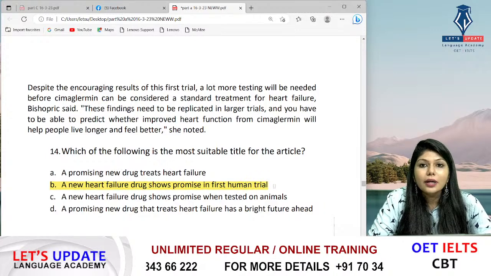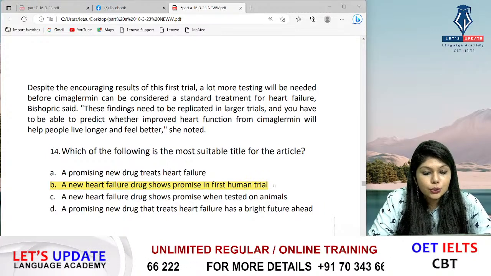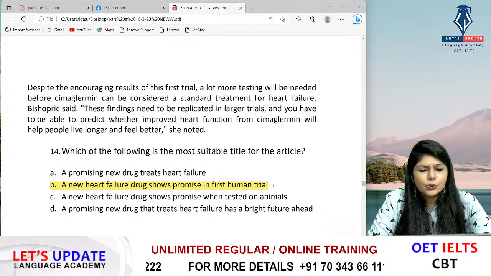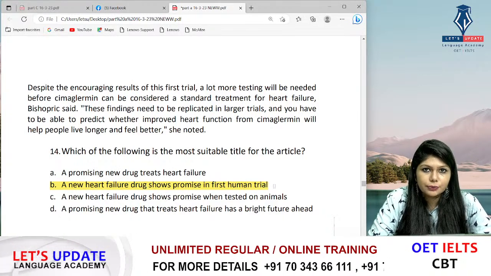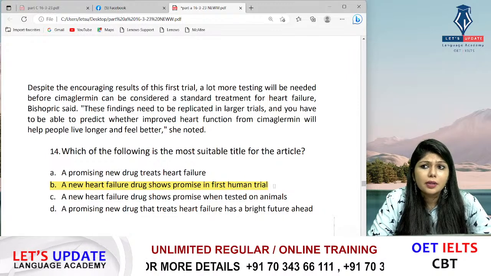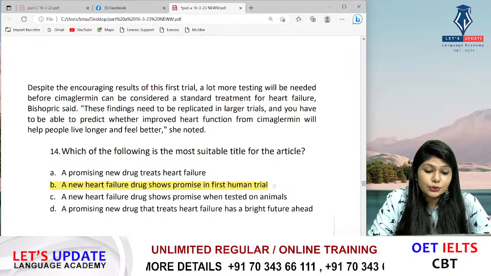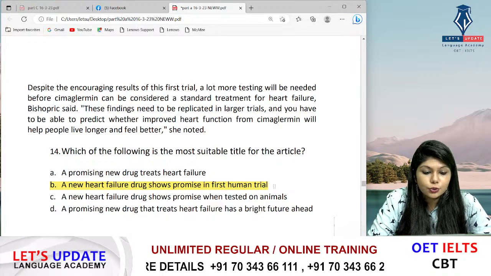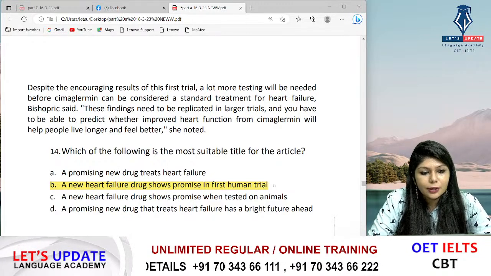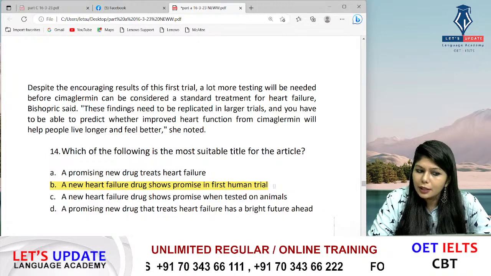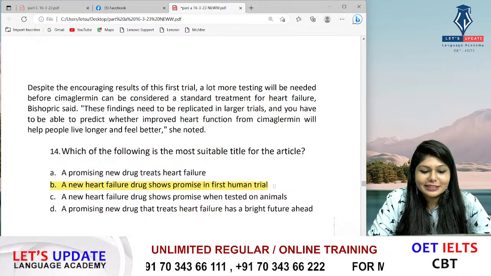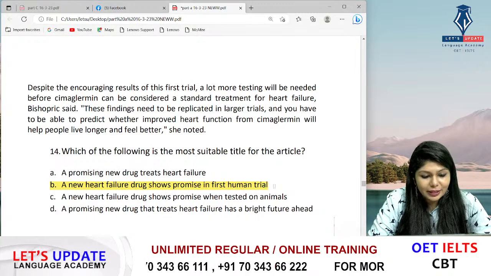So, a new heart failure drug shows promise. Shows promise means that it has a bright future. You may get positive results. So that is what they mean by promise. It shows promise in first human trial. So that is something they have mentioned here.